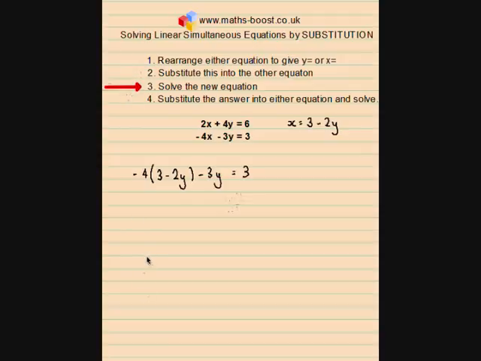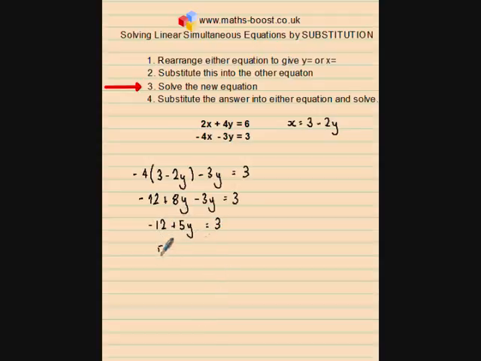Step 3 is to solve the new equation. In order to begin to solve it, I'm going to have to expand these brackets. I'm going to collect like terms together, and then I'm going to solve this.